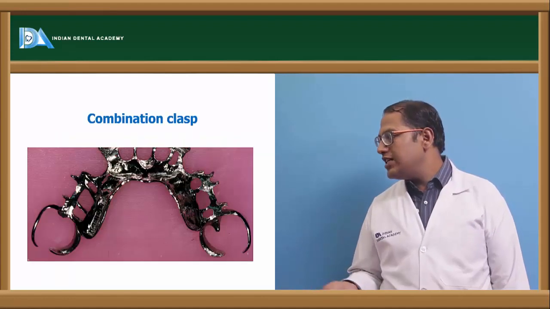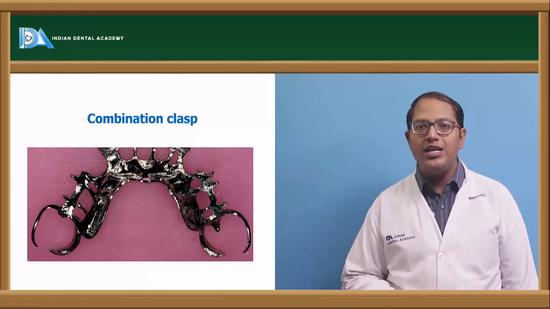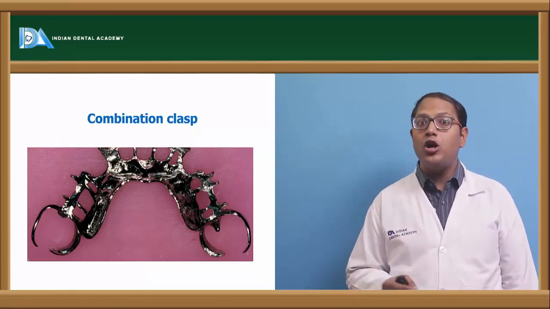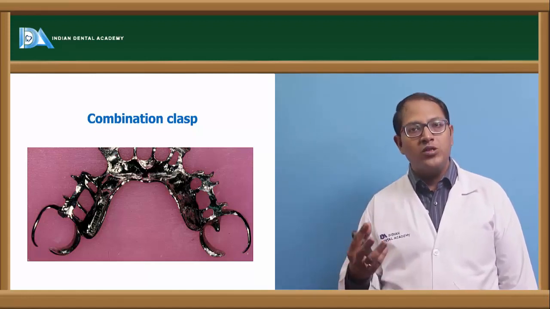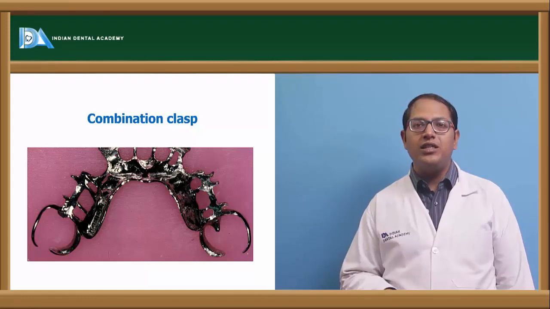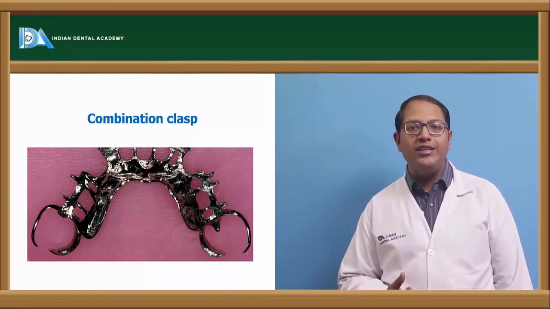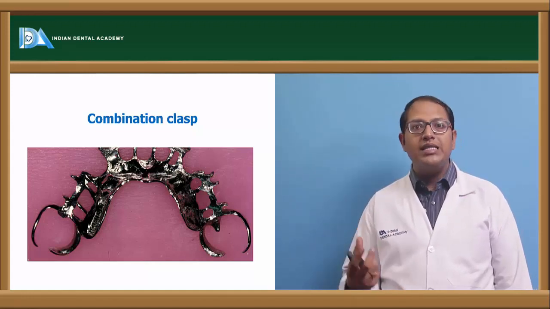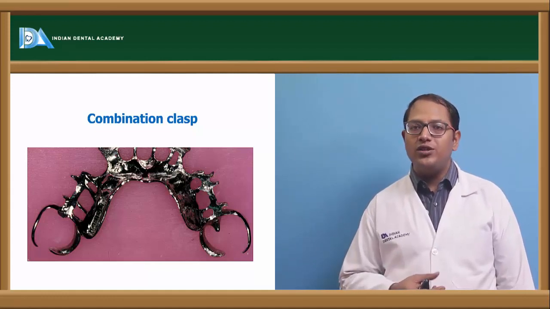Now, in the circumferential clasp, we also have something called a combination clasp. A combination clasp is that type of circumferential clasp which has a retentive arm of a wrought metal alloy. Wrought metal alloy is what we use in ortho. So what you do is you solder that after casting of the removable partial denture. Why do we do that? Because it makes it more flexible in its design, compared to a similar construction of a cast alloy.